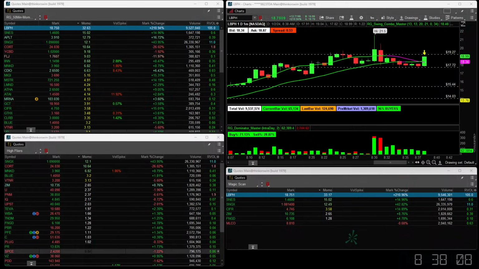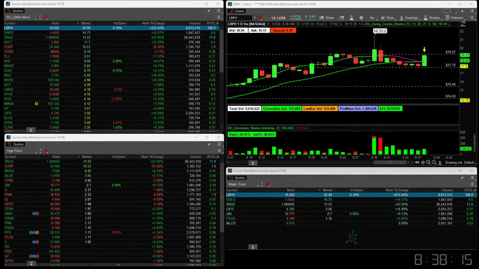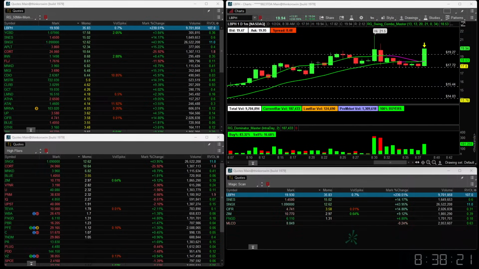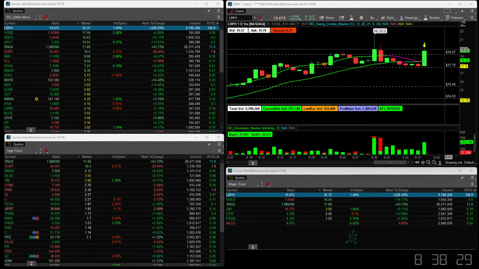It's trying right here. There it goes. It finally broke out back up to this 1927 as I predicted. And breaking through 1927. I don't know if I would chase it at this point. We do have a resistance level right here.